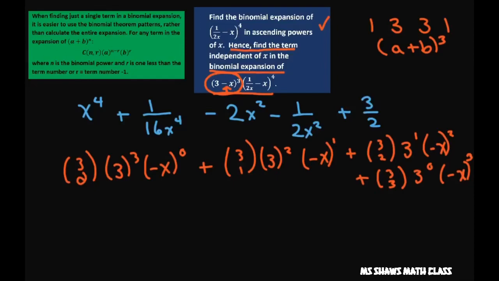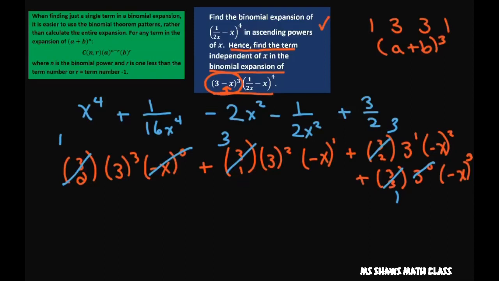So cleaning this up a bit, this again is 1, 3, 3, 1. Anything to the 0 power is 1. So I'm going to cross out my 0 powers and clean this up.